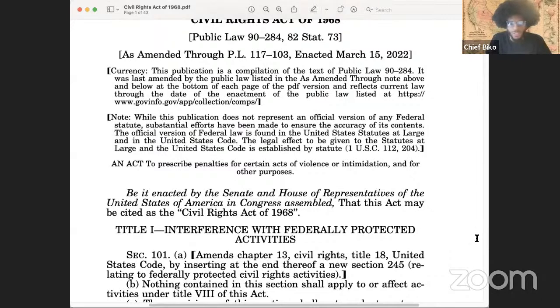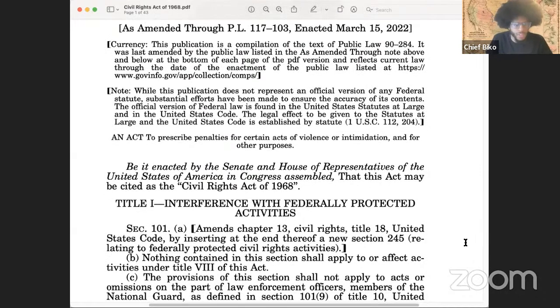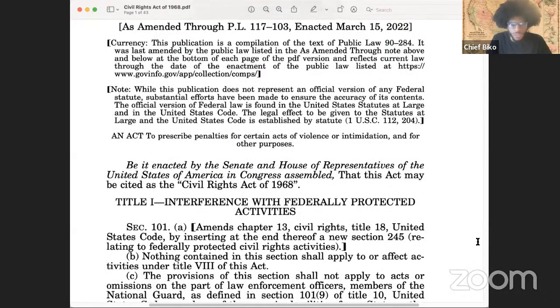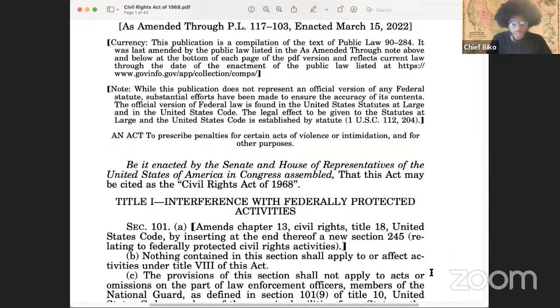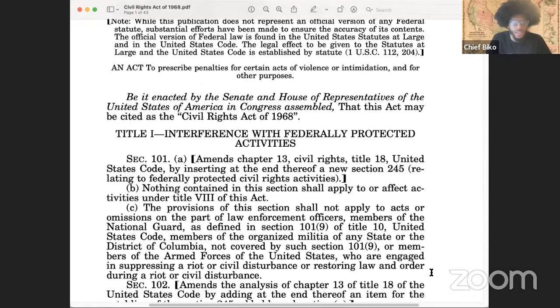The legal effect to be given to the Statutes at Large and the United States Code is established by statute, 1 U.S.C. 112 and 204. And this here is an act to prescribe penalties for certain acts of violence or intimidation and for other purposes, be it enacted by the Senate and House of Representatives of the United States of America in Congress assembled, that this act may be cited as the Civil Rights Act of 1968.